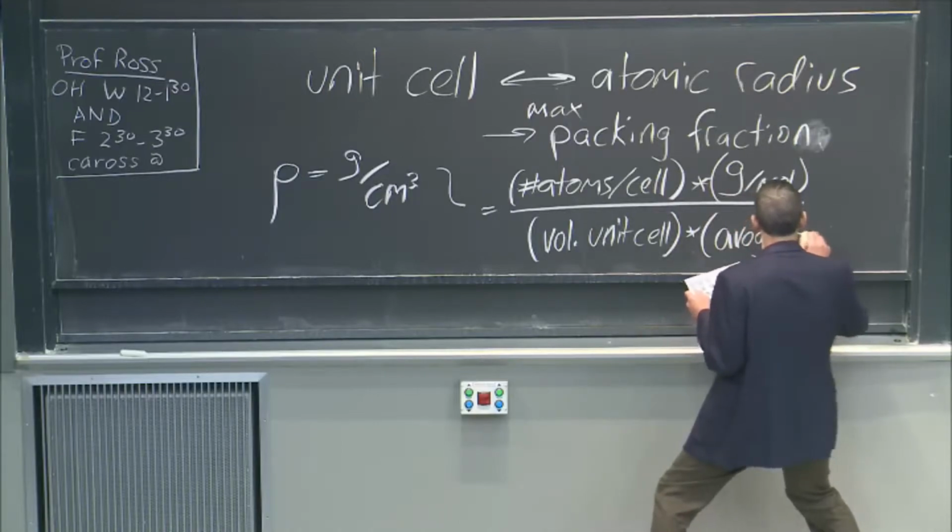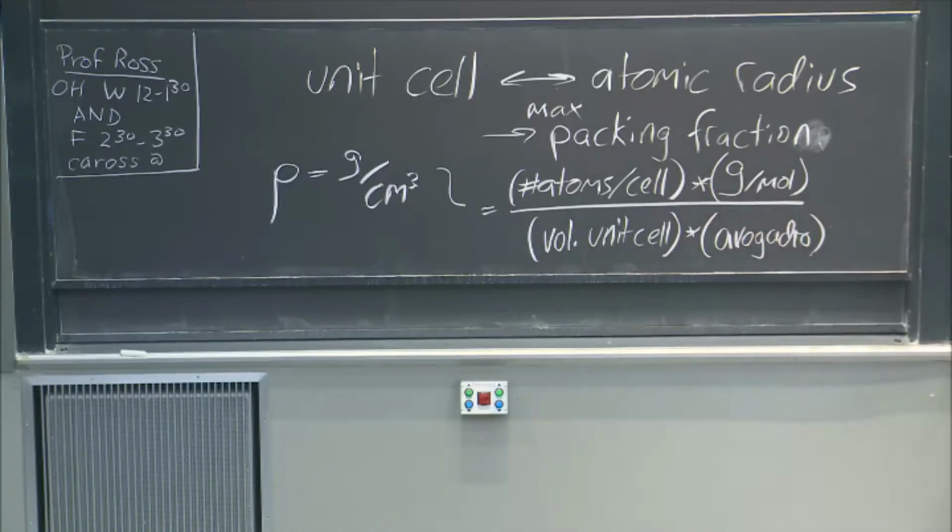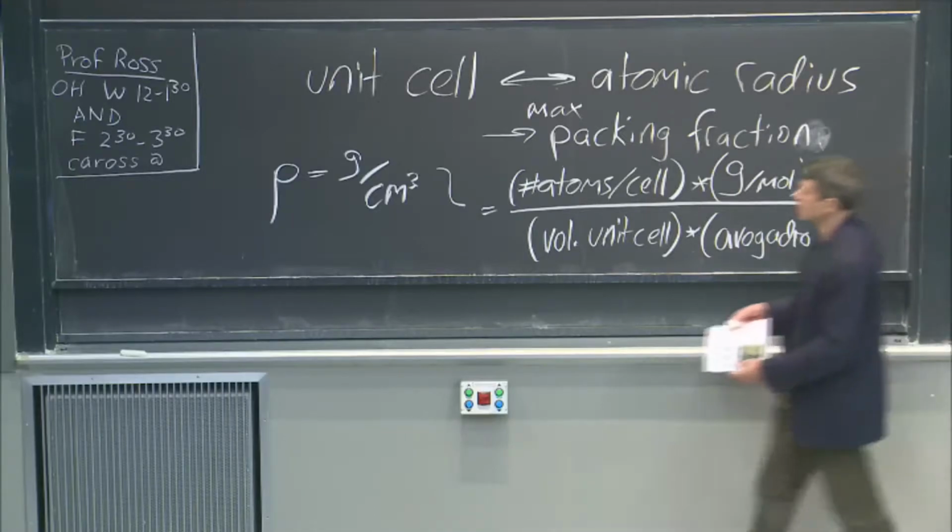Now you can go through the units and you can work out that this is grams per centimeter cubed.